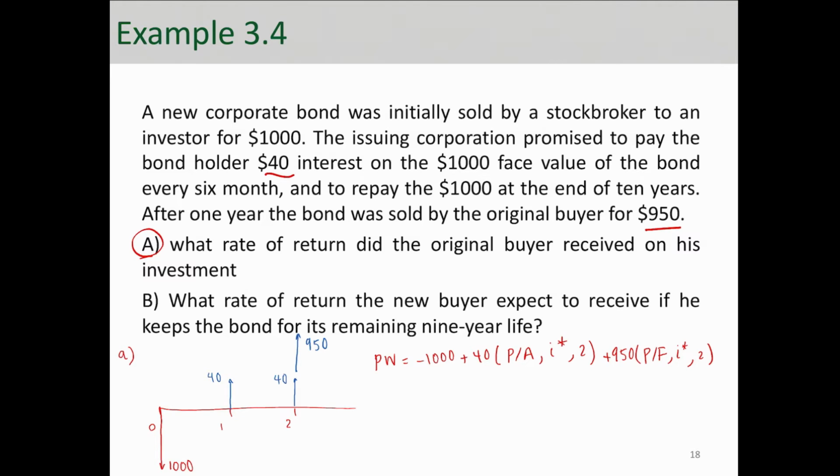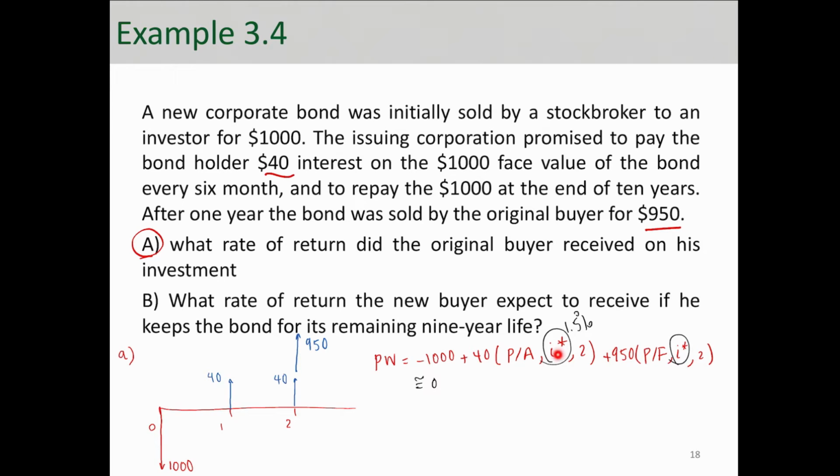If you try different i values here, or solve this mathematically using the P given A, P given F formula, you would see that at 1.5%, and that's just a guesstimate at this point for me, this present worth is equal to 0 approximately.